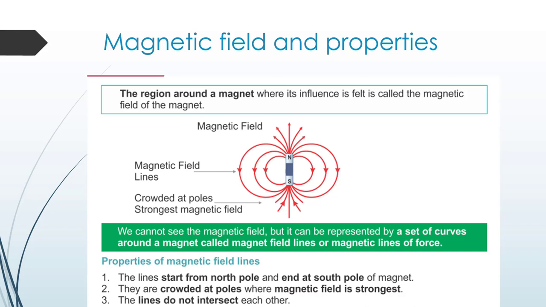So when charges are in motion, they will constitute a current, and a magnetic field is developed because of the charges in motion, or when current flows, according to Faraday's law that we know. In general, there are some basic properties of the magnetic field.